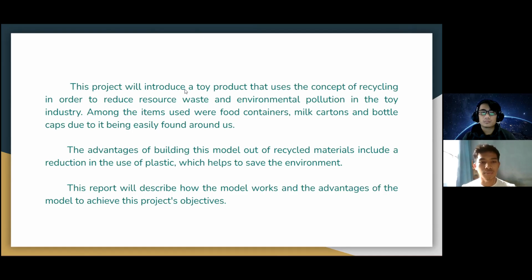The advantage of building these models from recycled material includes a reduction in the use of plastic, which helps to save the environment. This report will describe how the model works and the advantage of the model to achieve this project's objective.